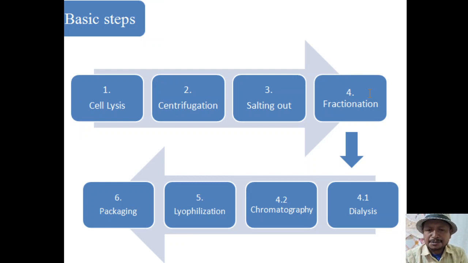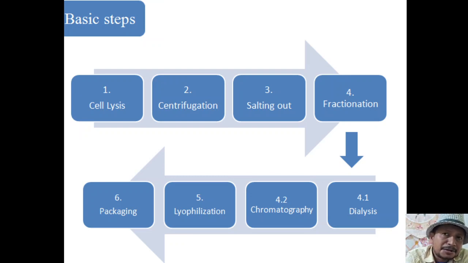After the dialysis process, we perform the chromatography process. In chromatography, we have three different techniques. One is size exclusion chromatography, second is ion exchange chromatography, and the third is affinity chromatography. Size exclusion chromatography relies on the size of our protein of interest.